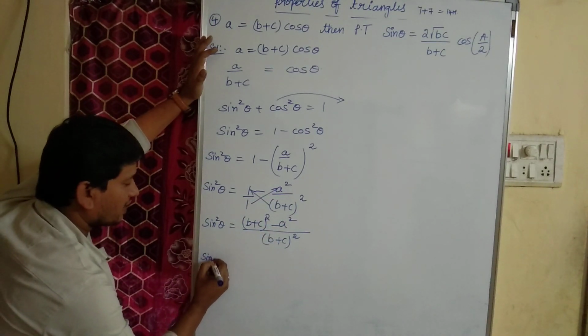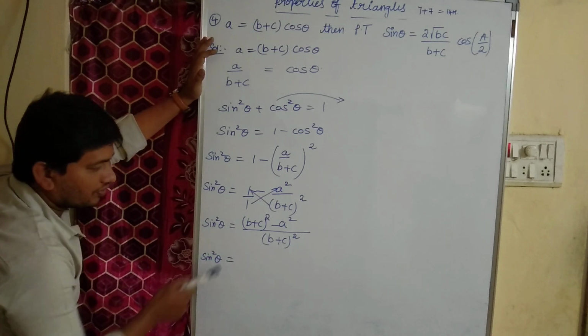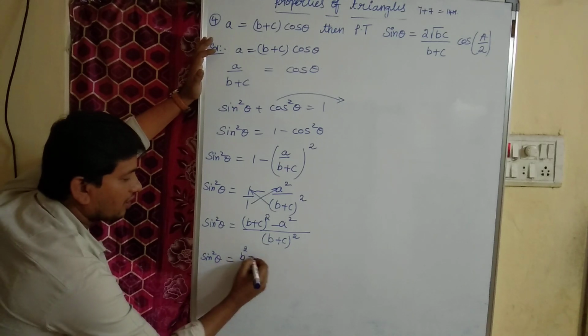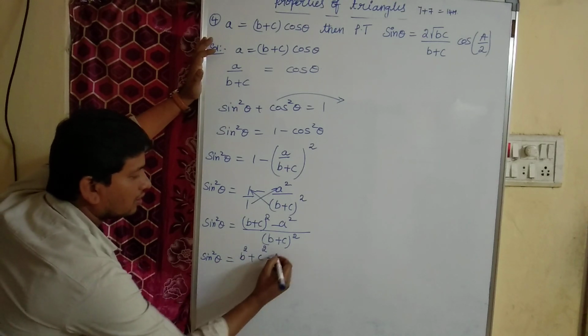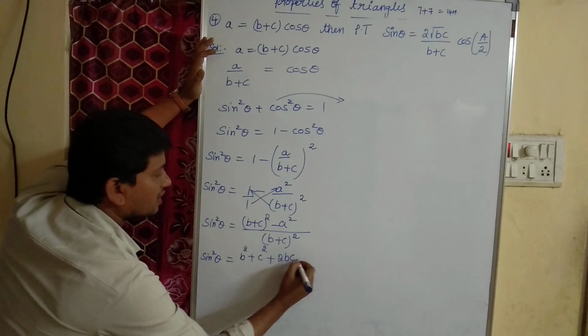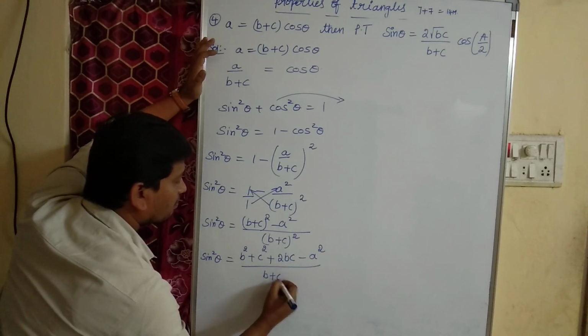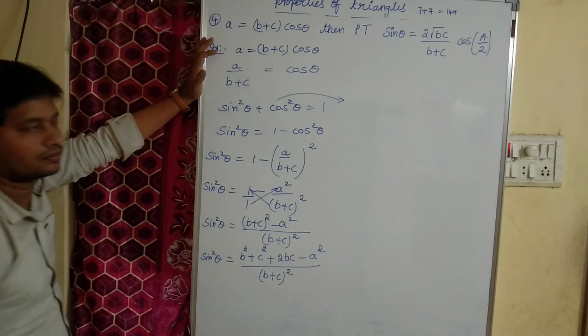Now sin square theta equal to, which is in the form of a plus b whole square, I mean b square plus c square plus 2bc minus a square by b plus c whole square.